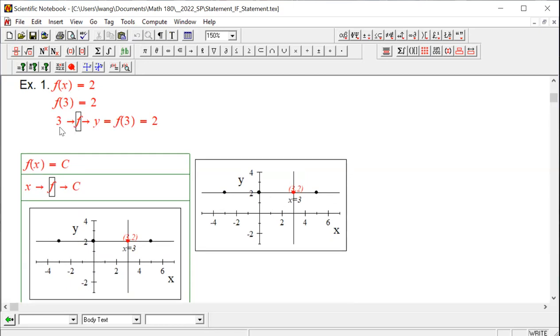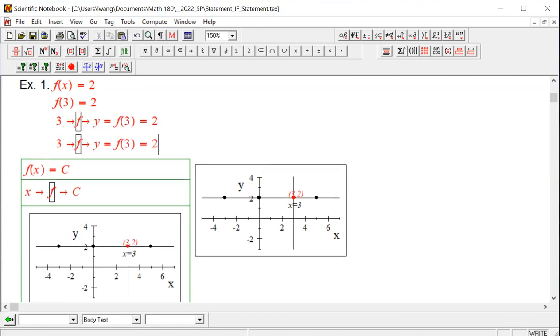So if input is -1 in this case, the output is 2. So it's a vertical line, the vertical line x equals -1.